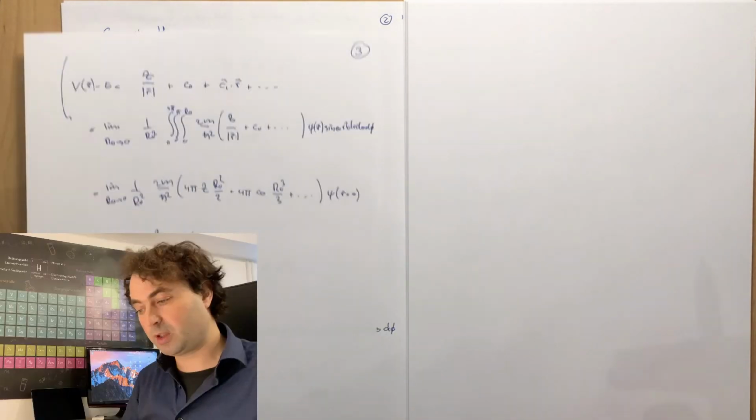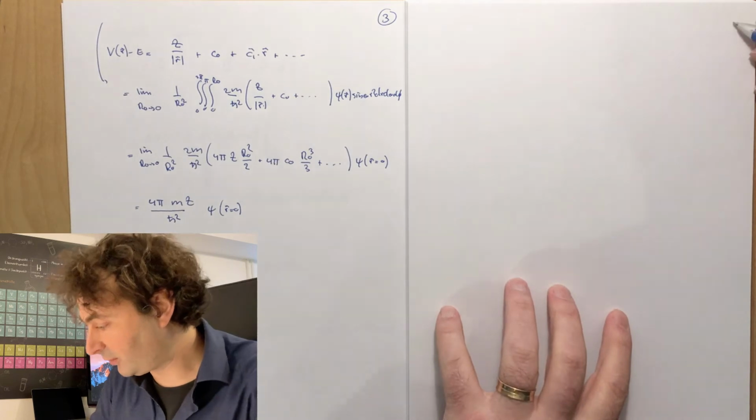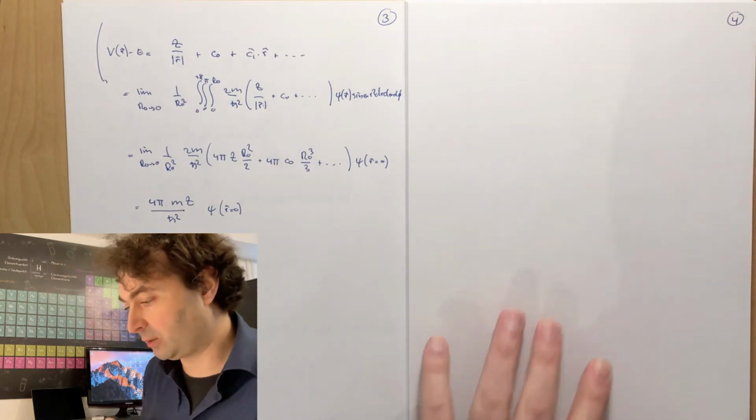Now we can use this to make constraints on how our wave function has to look.